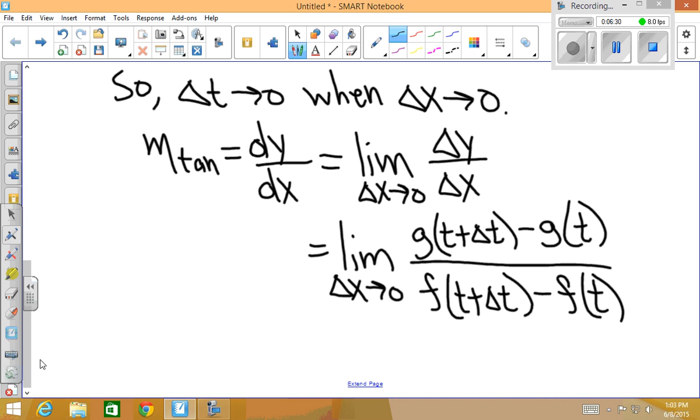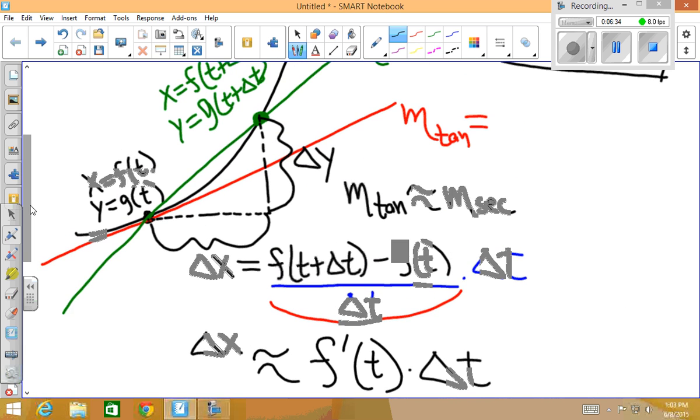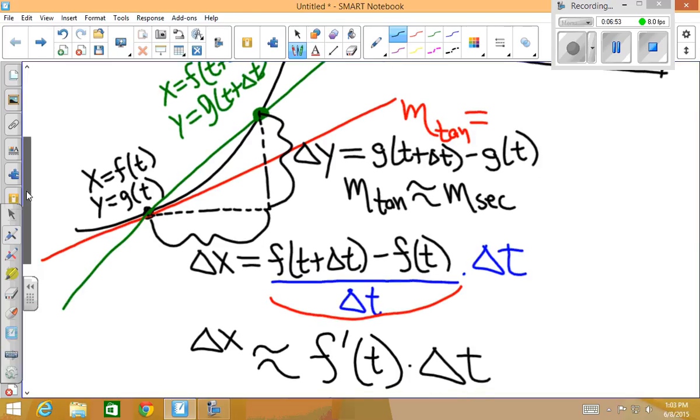We can see that from our picture above. Delta y is the change in y's, so that's g of t plus delta t minus g of t. All right, so we're using that.